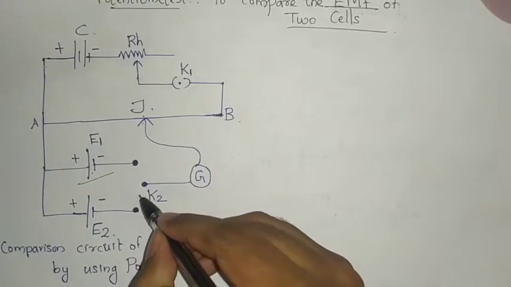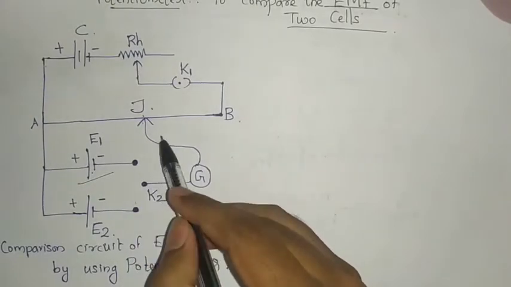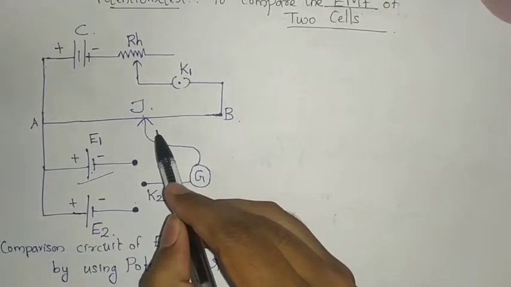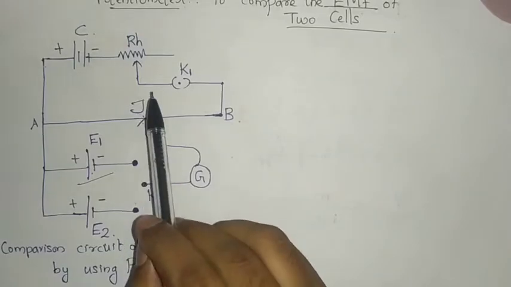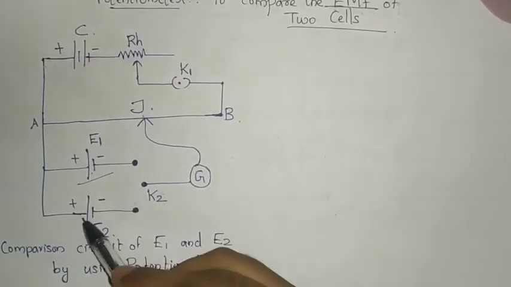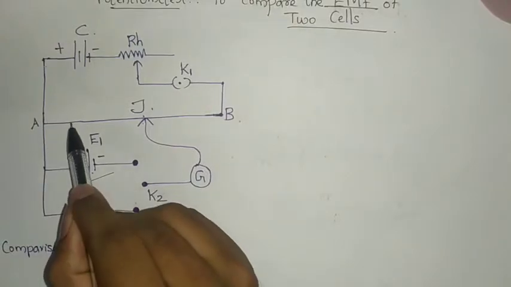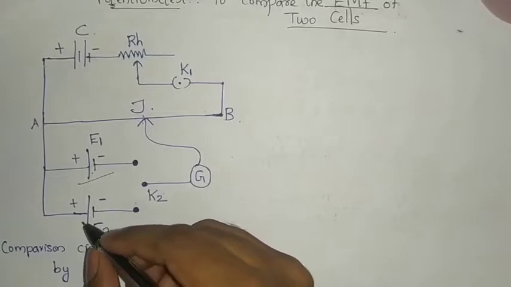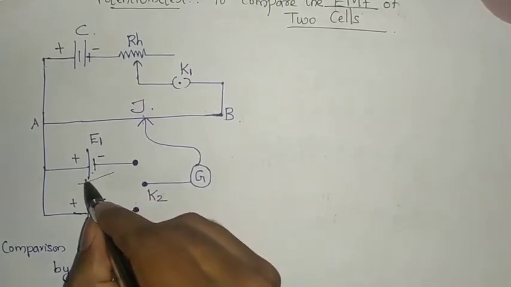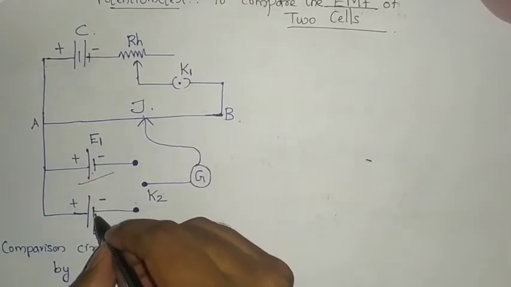We are putting the cell E2 into the secondary circuit, and with the help of the jockey, the distance of the balancing point, that means the null deflection point, from point A is determined, same as the previous one. Because of E2, what is the next balancing length? We have identified the balancing length due to E1, and now it should be with E2.